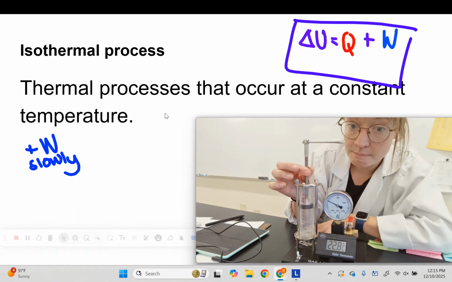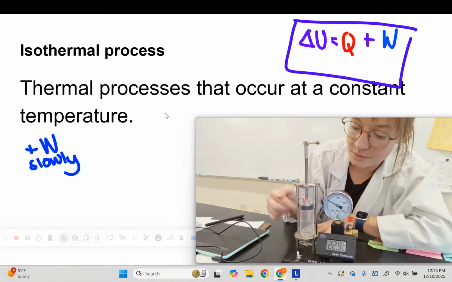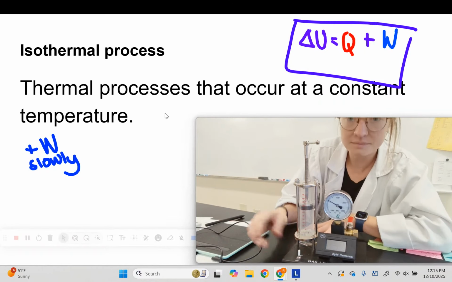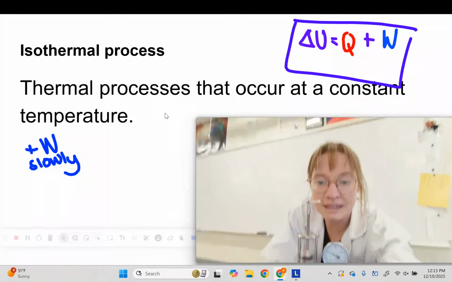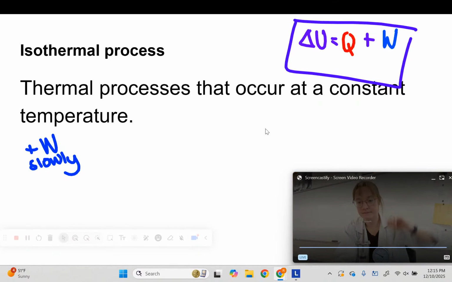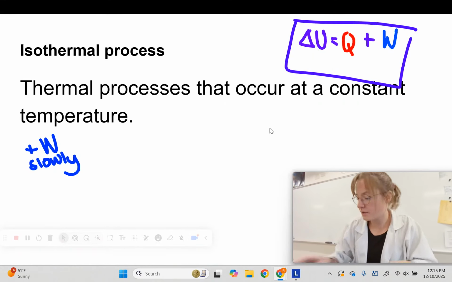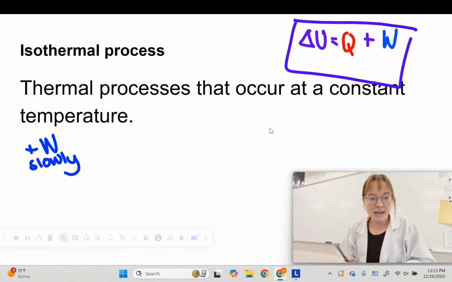You do work, but you do work slowly so that the gas has time to give away its heat to its environment. Well, unless you go not slowly enough. Let's take a look here at what this would look like, or let's write it down. Here's what happens.